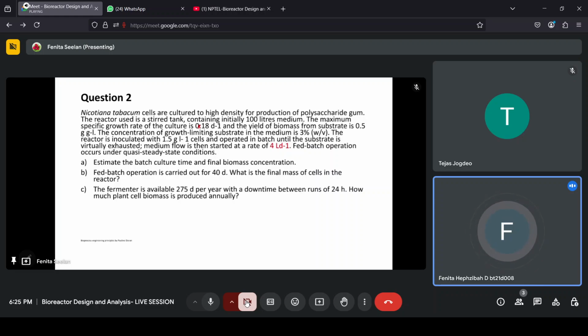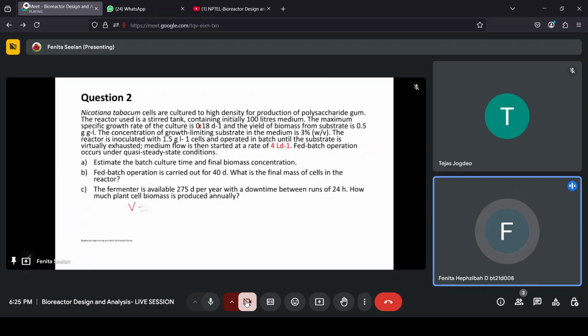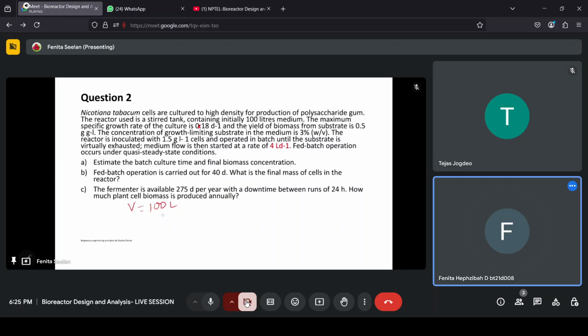The reactor used is the stirred tank reactor, and initially the volume was 1000 liters of medium. Maximum specific growth rate, mu max, is around 0.18 day inverse, and the yield of biomass, Y X/S, is 0.5 gram per gram. Concentration of growth limiting substrate in the 1000 liter medium was 3% weight per volume, meaning 3 gram per 100 ml, which means 30 gram per liter.